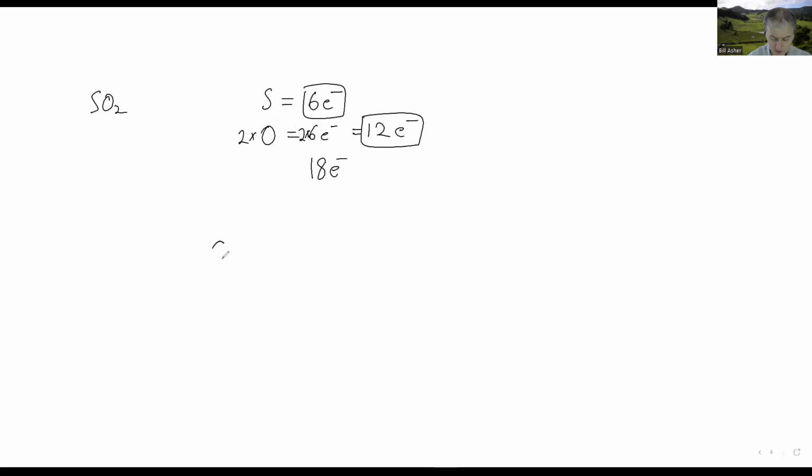And so you would put down your sulfur, right? And here you would just assume that sulfur is the central atom in this point. And there's going to be at least one bond between each oxygen.